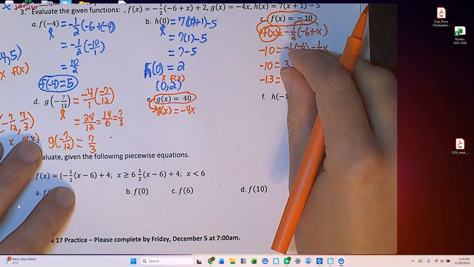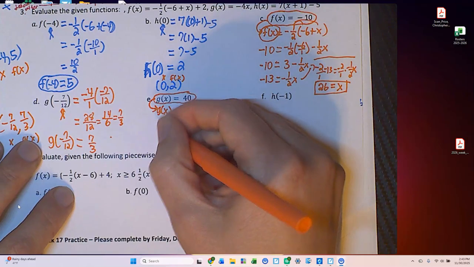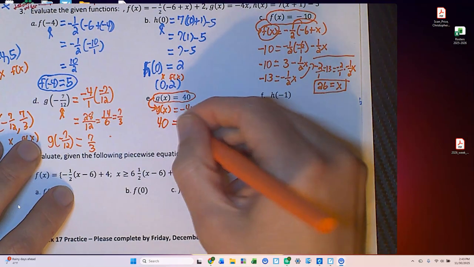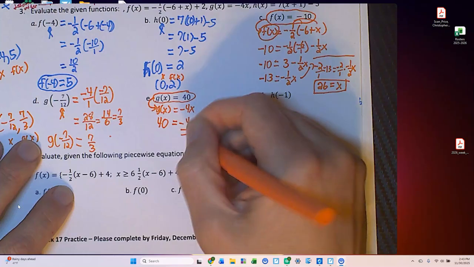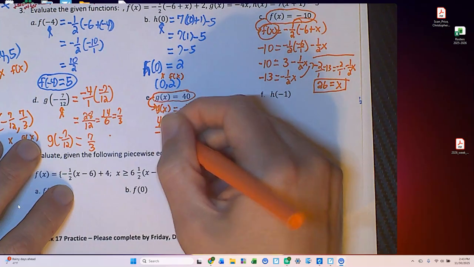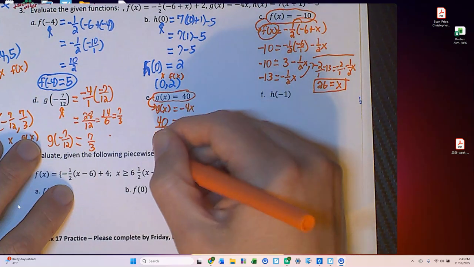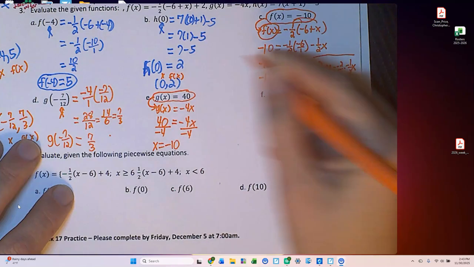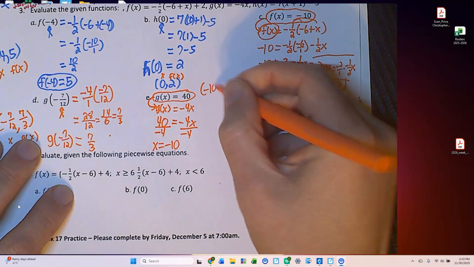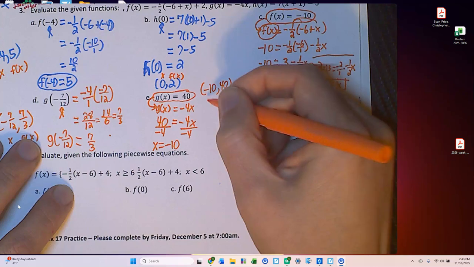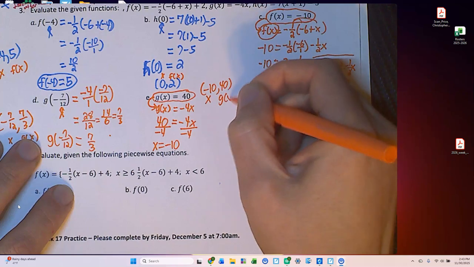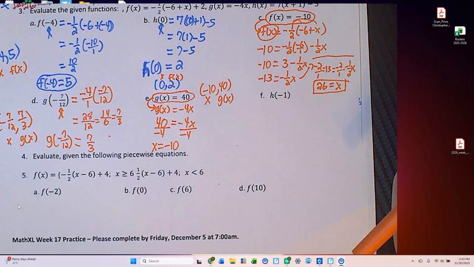And we're saying g of x and 40 are exactly the same. So now we got to find x. So when g of x is 40, when the output's 40, the input's negative 10.